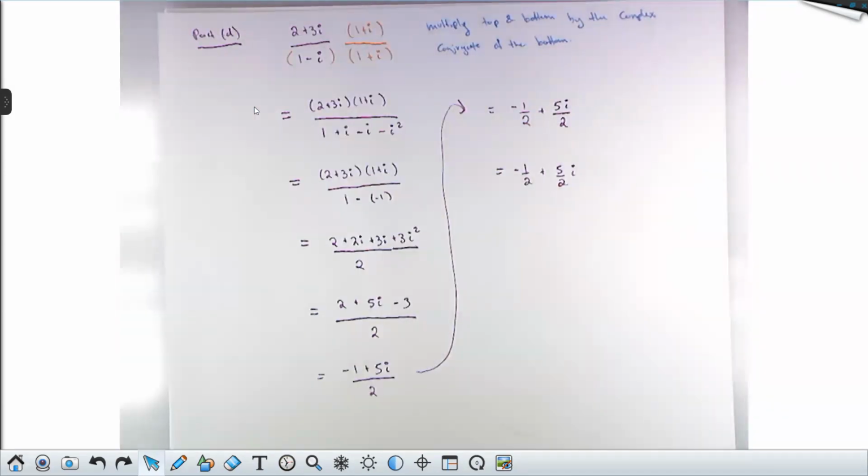That's how you divide complex numbers. So the division is a little bit complicated, but addition, subtraction, and multiplication is not. So once you have some complex numbers in your hand, this is how you play with them.